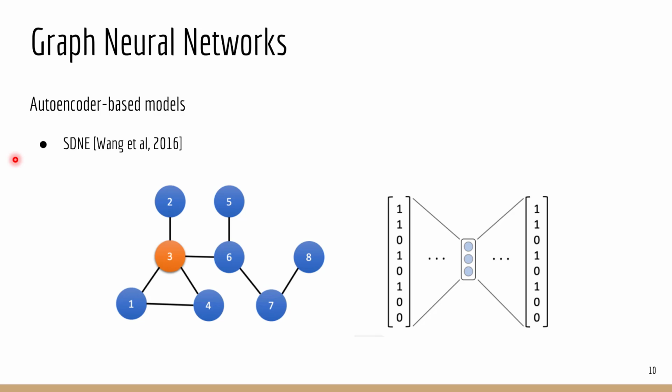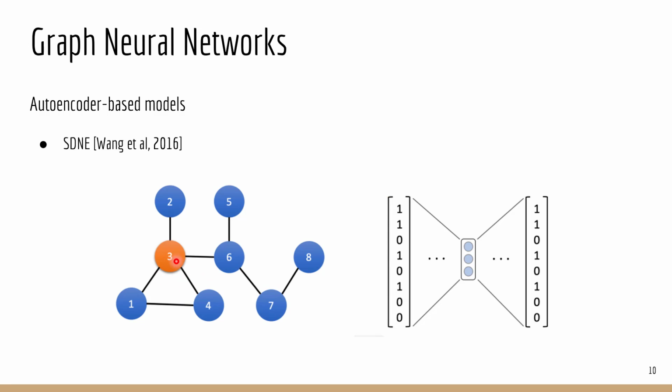So here the idea is very similar to what we had in matrix factorization. But the way we compress or reduce the dimensionality of those vectors is different, and it is based on neural networks. Again, if you remember in matrix factorization, we construct an adjacency matrix in which each node is represented based on the connections it has to other nodes in that graph.